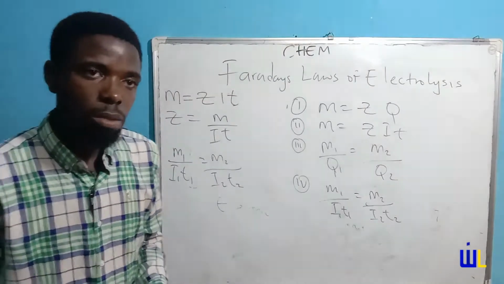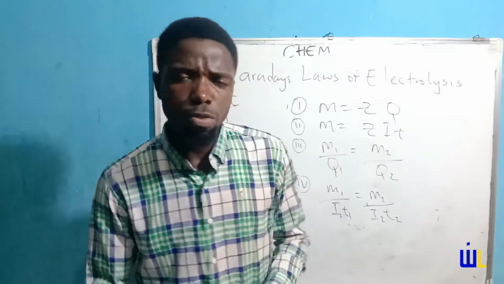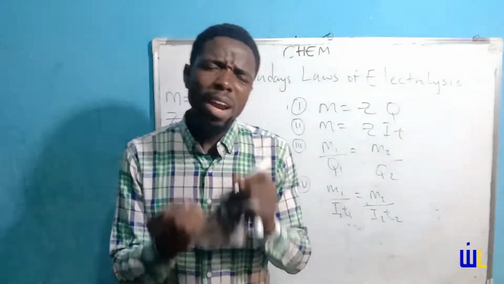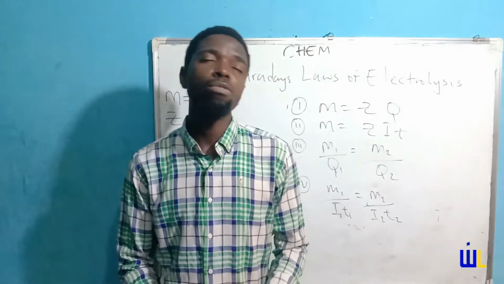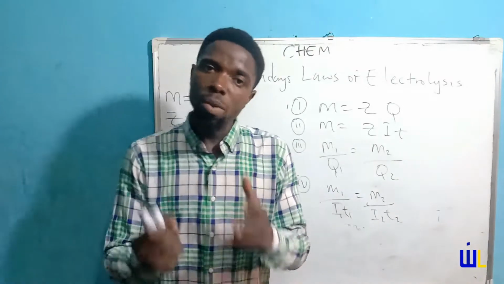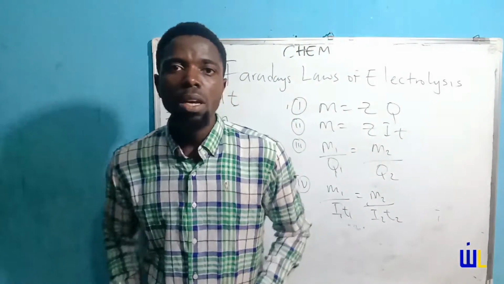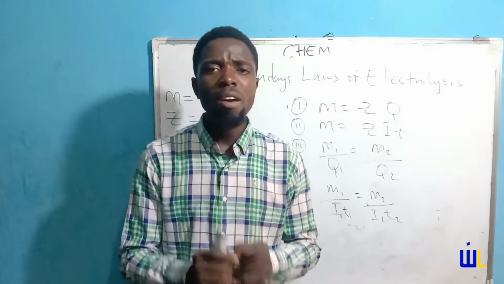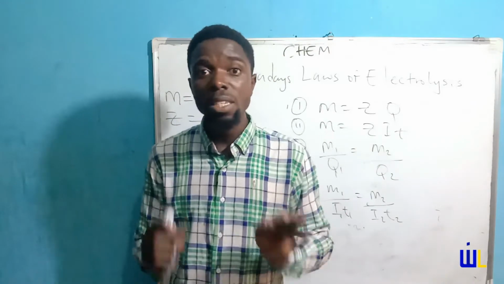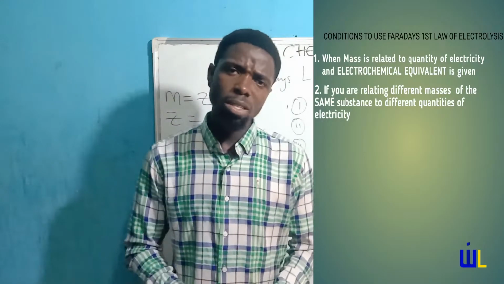These are the formulas. Now, having established these formulas, if you are writing an exam and you are confused on where to use what law and where to use what formula, please listen. There are 2 major things you need to note down about where Faraday's first law is being used in exam questions. The first one is this.